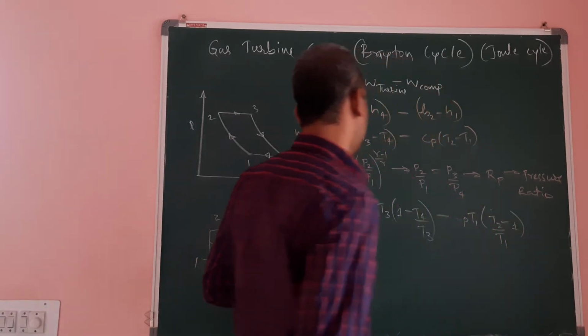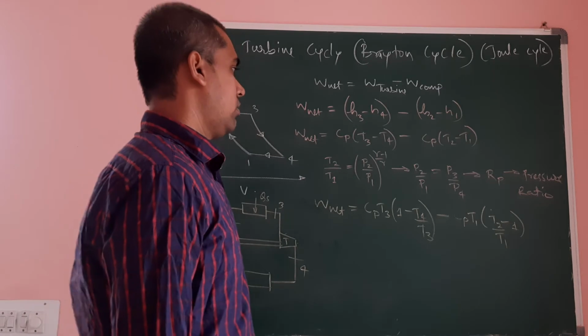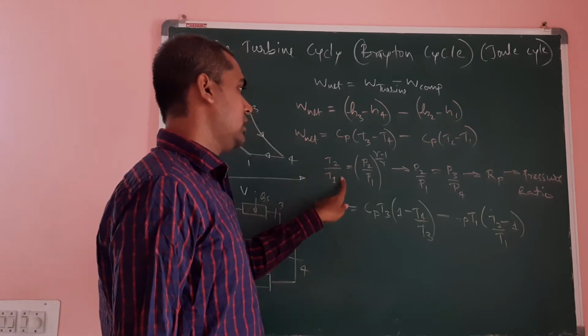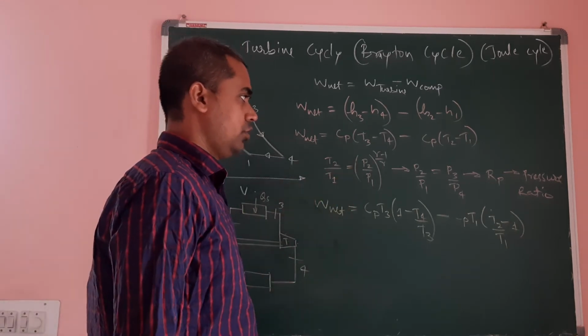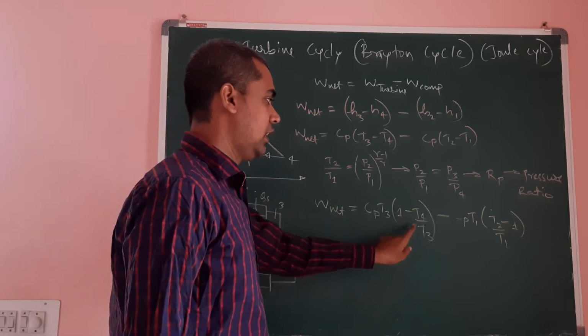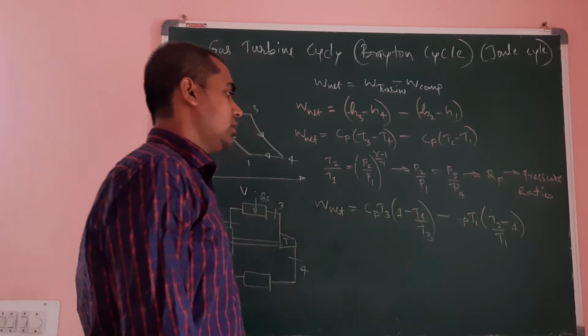Why we are taking T2 by T1 is that we can write it in terms of the pressure ratio, as well as T4 by T3.